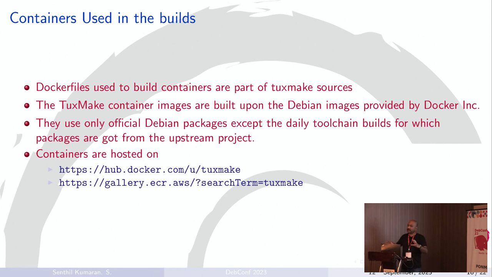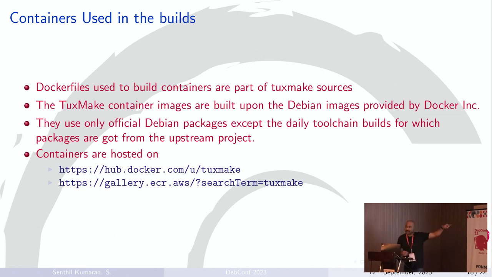It's just about picking a base Debian image, installing the required toolchains and cross-compiling tools for the architecture, and coming up with a container image, pushing it to Docker Hub. We also have a public ECR mirror, gallery.ecr.aws, where with the search term TuxMake you have the same images.